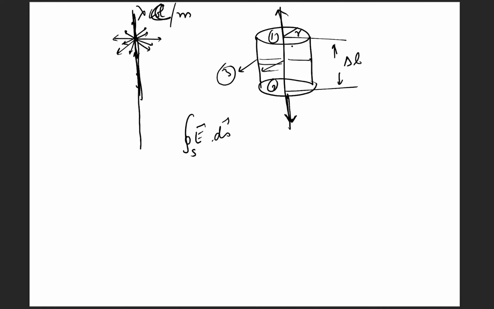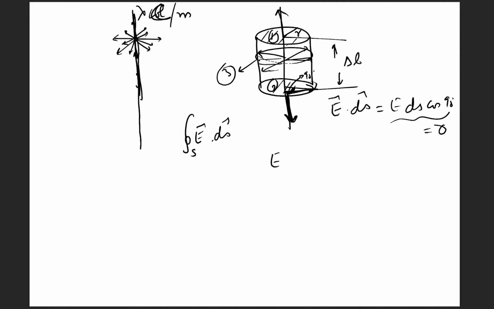So for these top and bottom surfaces, E dot ds will be equal to E ds cos 90, because ds is like this and E will be in the radial direction. So this angle is 90 degrees, and cos theta will give 0. So the only surviving part in this integral will be this, for a given distance from this line charge.